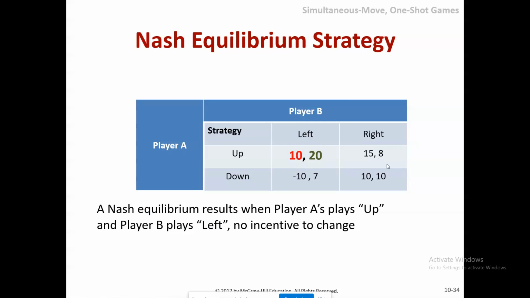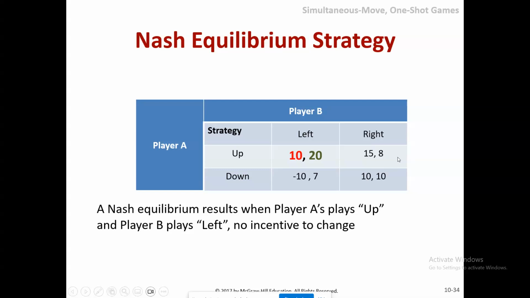You can test other combinations of choices that are not at Nash equilibrium. For example, the 15-8 combination. At this combination, A does not have incentive to change from up to down because she will be worse off from 15 to 10, holding B's right unchanged.